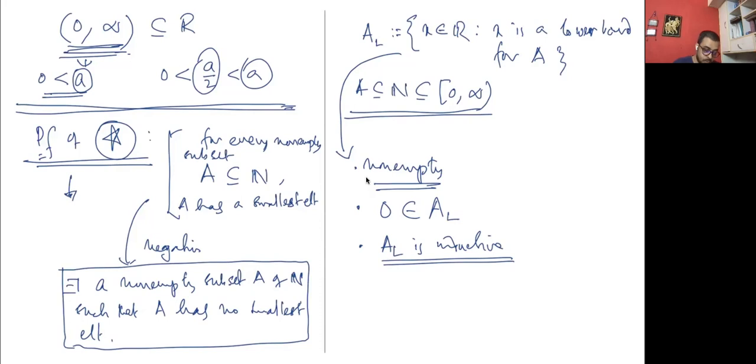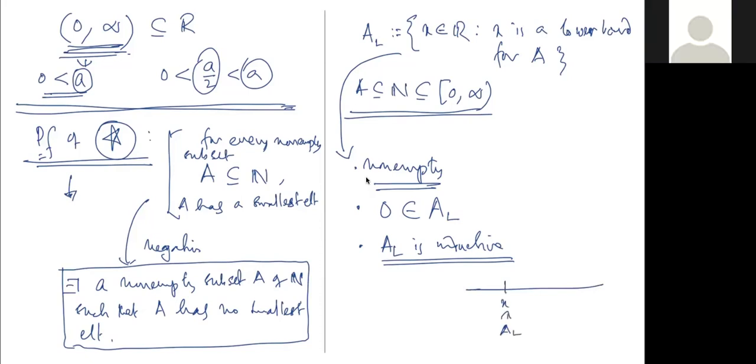We have assumed that there is no smallest element. Then for all elements of A, there will be an element which is smaller. So let's say x is in A_L.